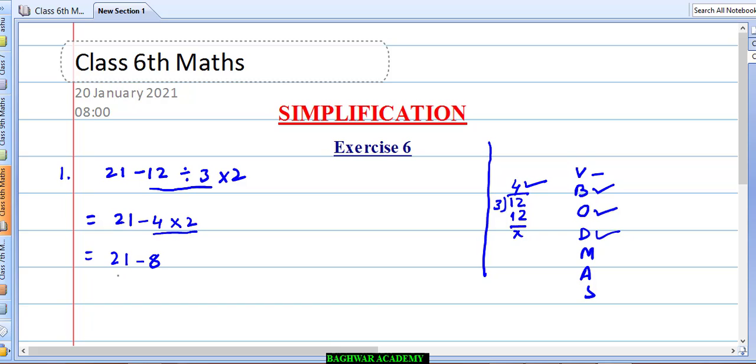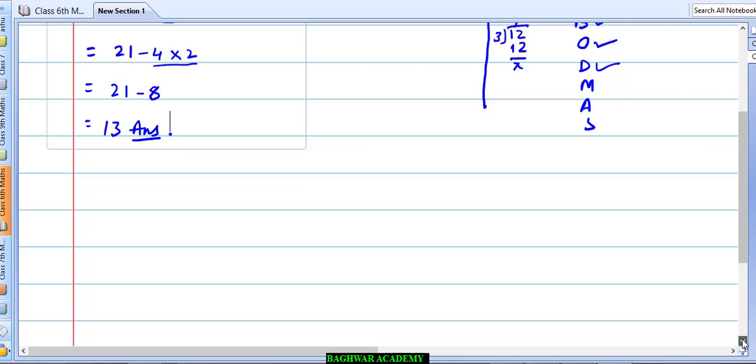Now we need to subtract 8 from 21. So 21 minus 8 is equal to 13, and this will be your answer. So in this way the question is required to be solved. You need to know which portion is required to be solved first, so we need to follow the V-Bodmas rule.